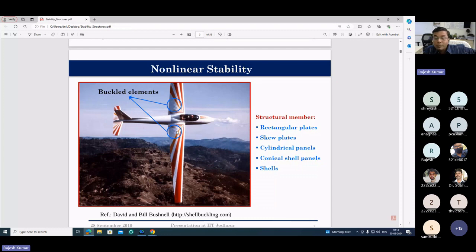But a column doesn't have reserve strength. Once it buckles, then you cannot analyze further. But plates and shells have reserve strength. After buckling, also you can analyze, and that is known as nonlinear stability. You can say post-buckling analysis.